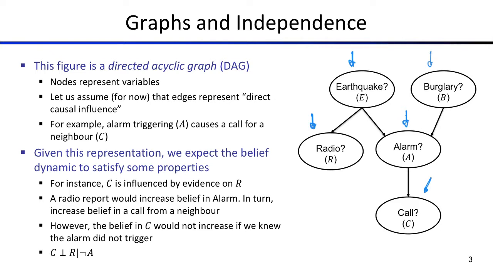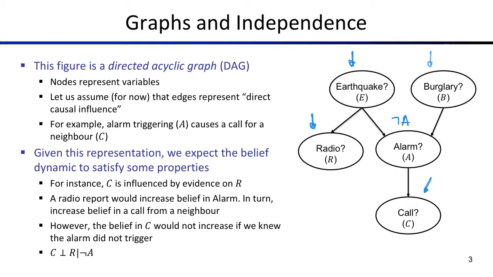So let's suppose that we know that there was no alarm. For instance, we are at home, so we know there is no alarm. The alarm was not triggered. It doesn't matter if we listen to a report on radio about an earthquake. It doesn't matter if we had an earthquake or not.